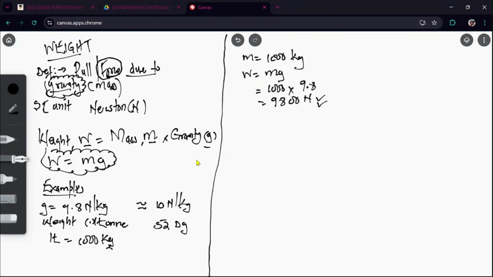If I come to the second one, they want us to get the weight acting on a mass of 52 decagram. I'll do the same thing. First of all, convert into kilograms.